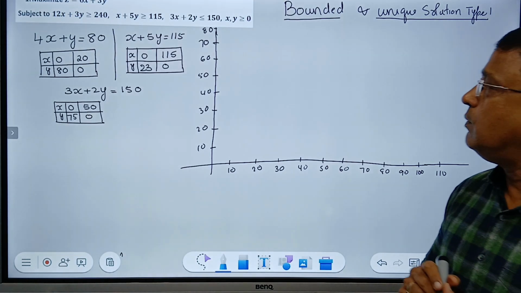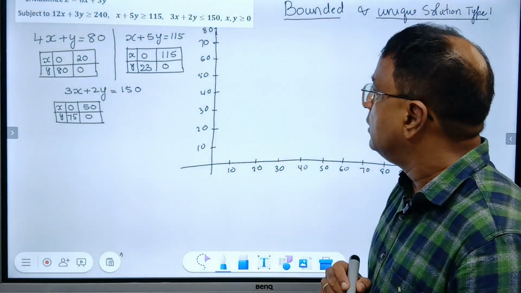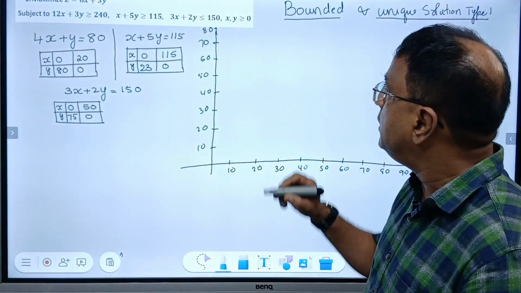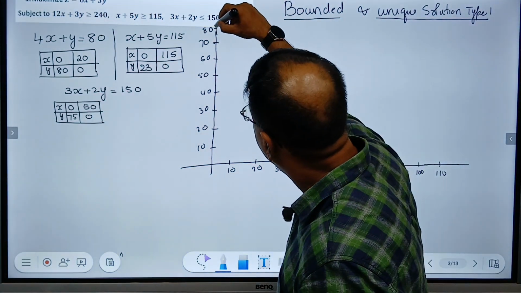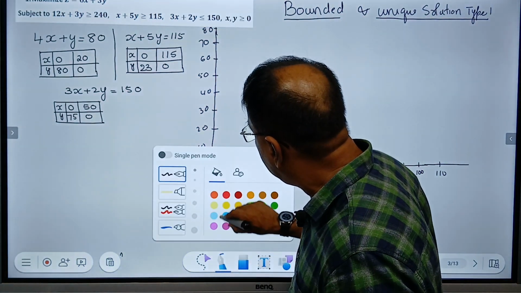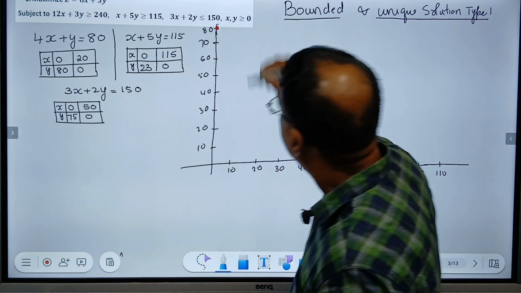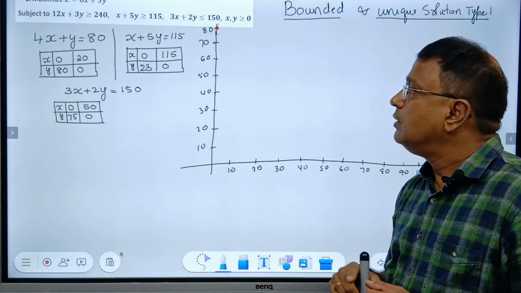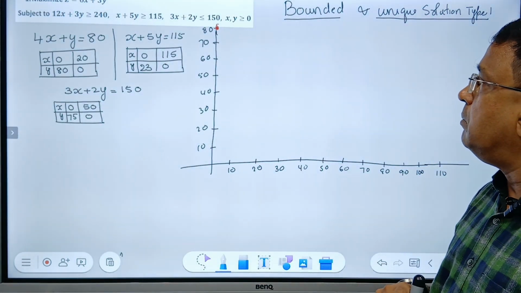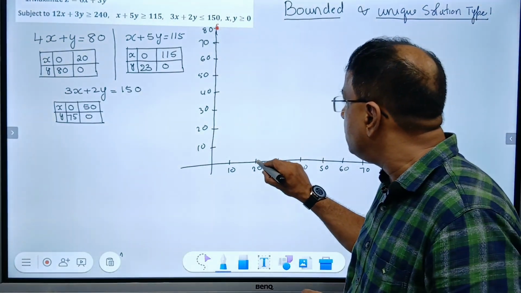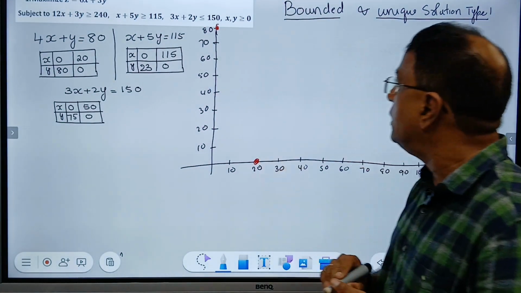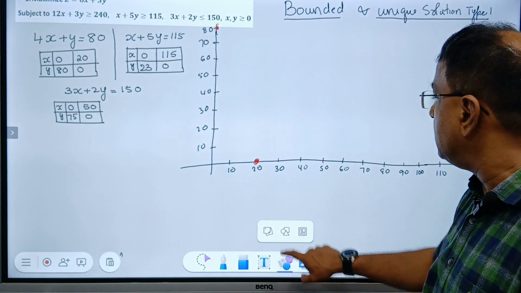Now let's plot it. What is 0, 80? 0, 80 will be somewhere here, correct? 0, 80, let me use the red pen, 0, 80. And 20, 0. 20, 0 is here. Okay. Now I have to connect them by a straight line.